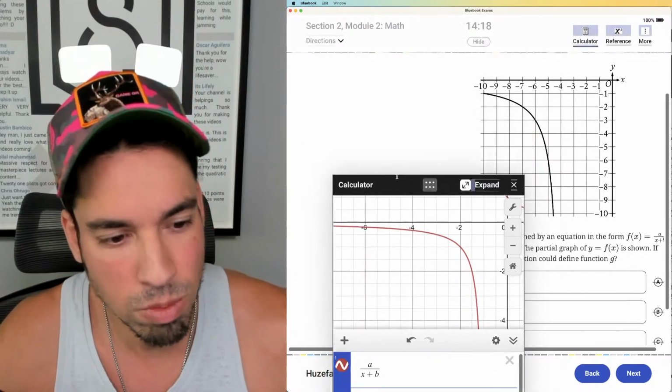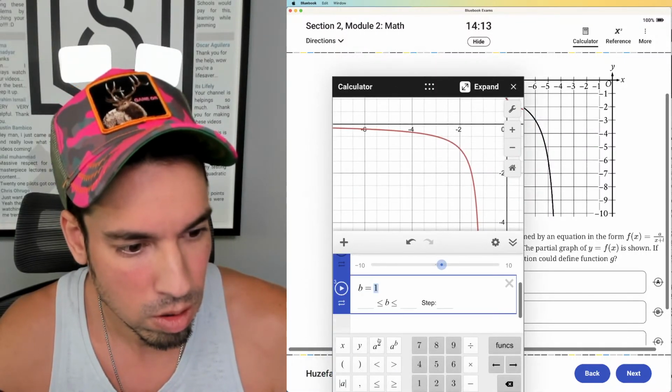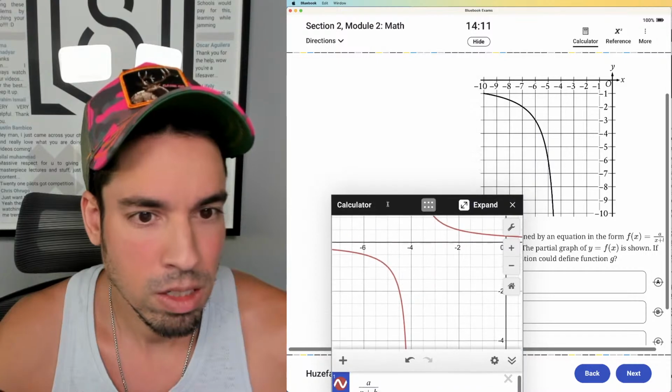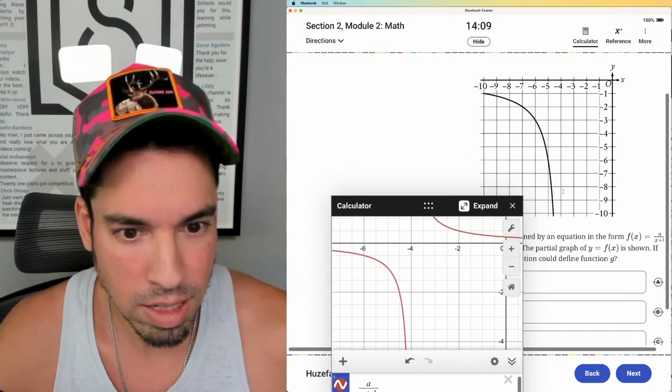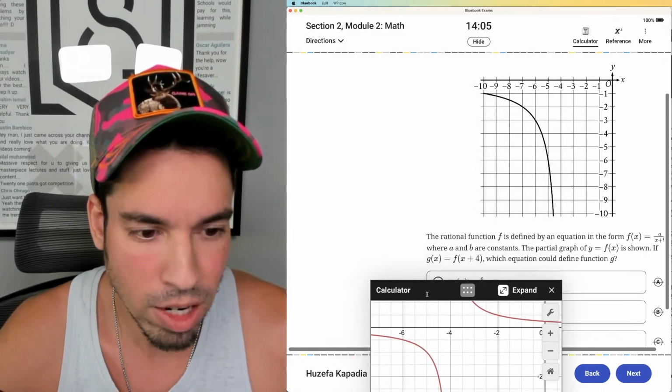You kind of have to know some stuff. Like, I'm pretty sure they want b to be 4, and I know that because of the vertical asymptote here, it looks like it's at -4. But I'm kind of cheating because you have to know that for the rational functions.